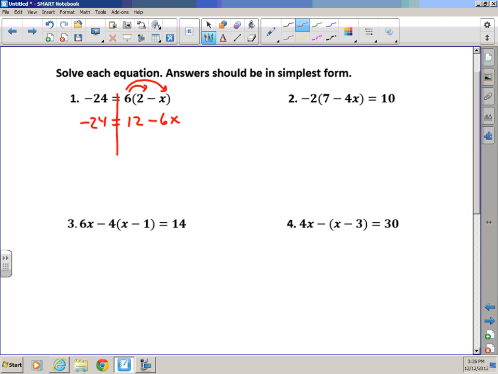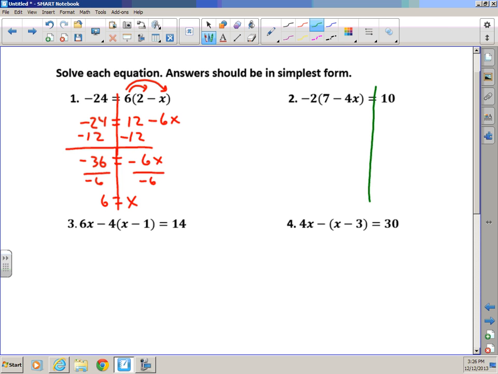Now we're down to a two-step equation. I have negative 36. The way to look at it, these are the same sign, negative 24, negative 12. So they're put together and carrying over the negative sign. I divide by negative 6. So x is 6. Okay?